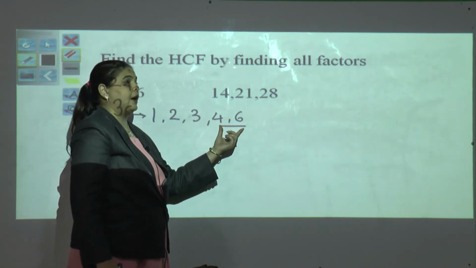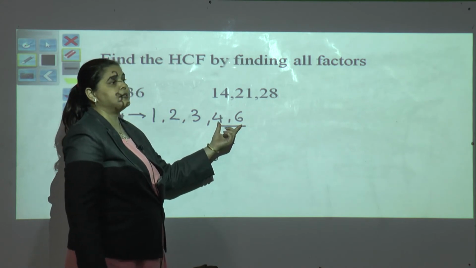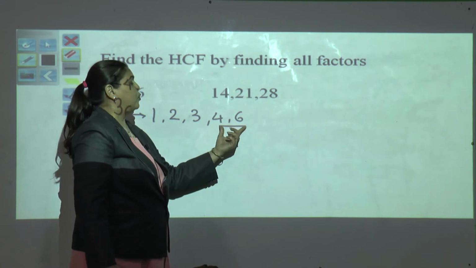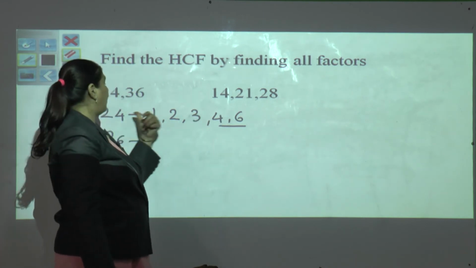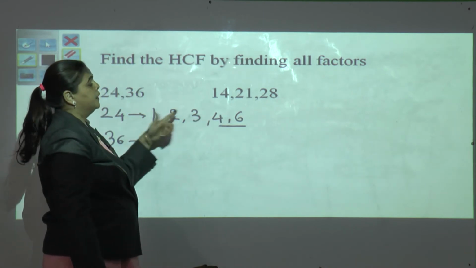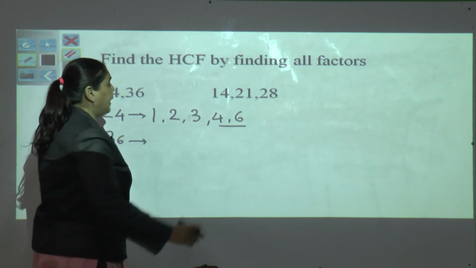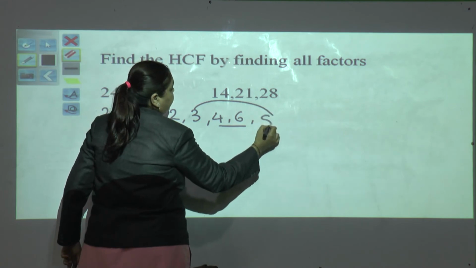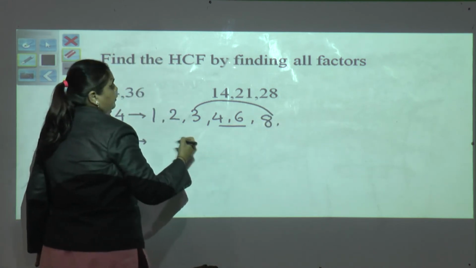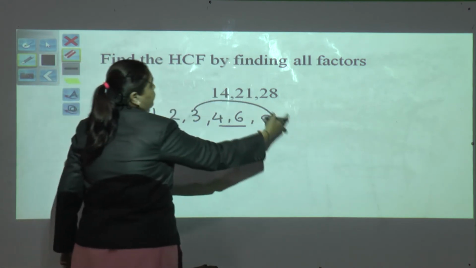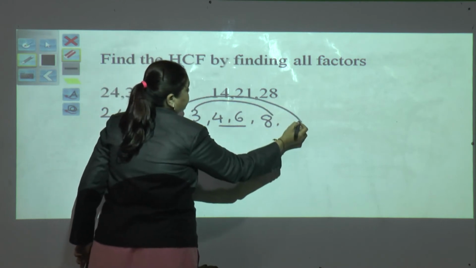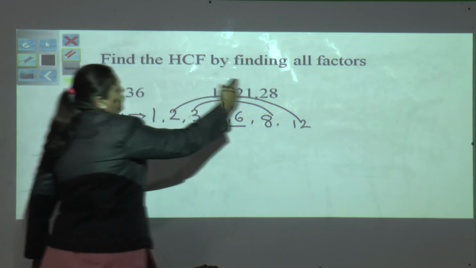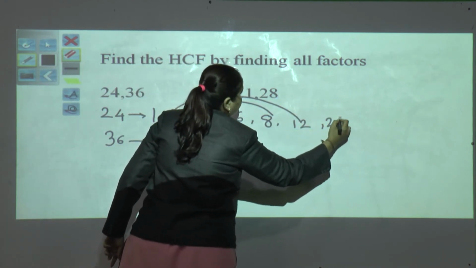The same number may be repeated, like 6 sixes for 36. Now 3, how much makes 24? 3 eights are 24. Then 2 twelves are 24, and 1 twenty-four is 24.